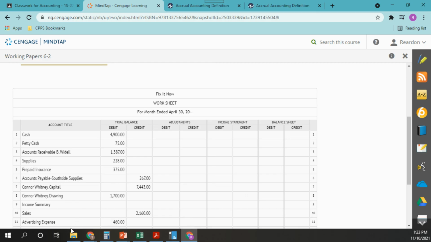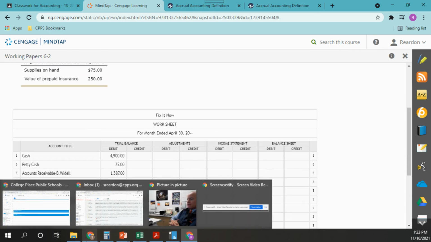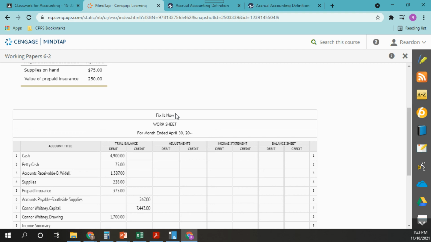Not technically, no, but it doesn't reflect what I actually have on hand of 75. So what do I need to do to adjust that? Well, I need to take my 228 minus my actual supplies on hand, which is what my supplies account should be. Take 228 minus 75, and I need to credit supplies for 153.